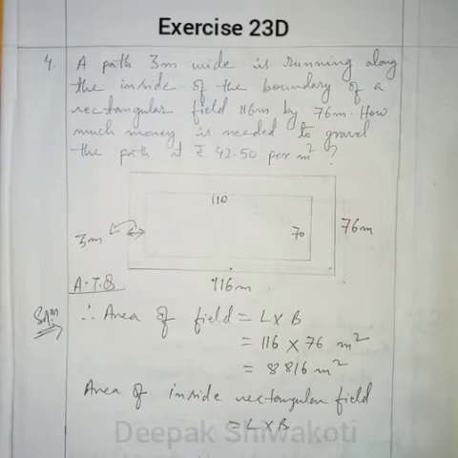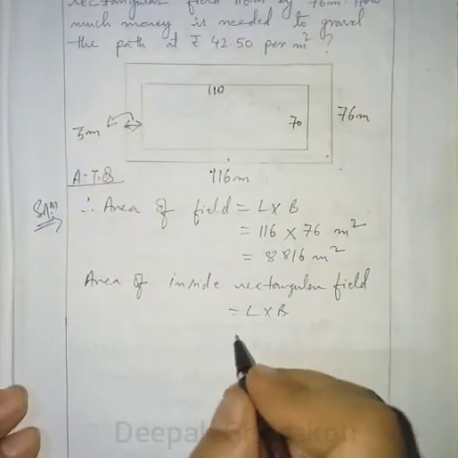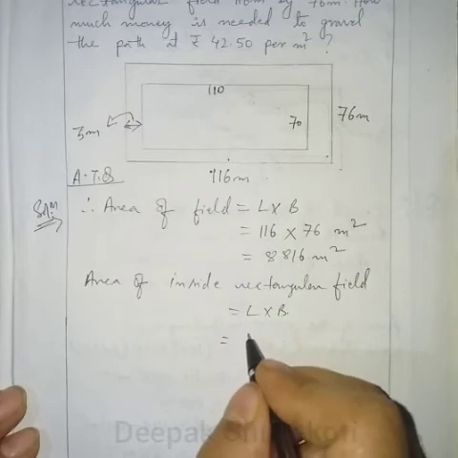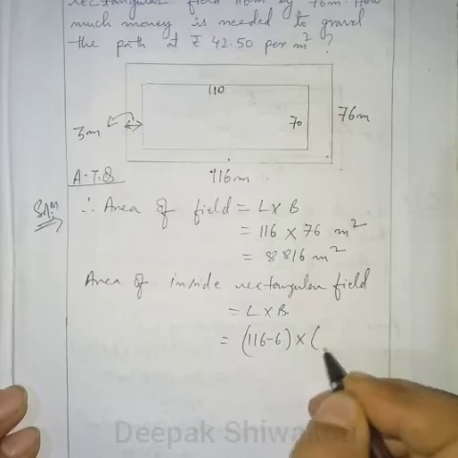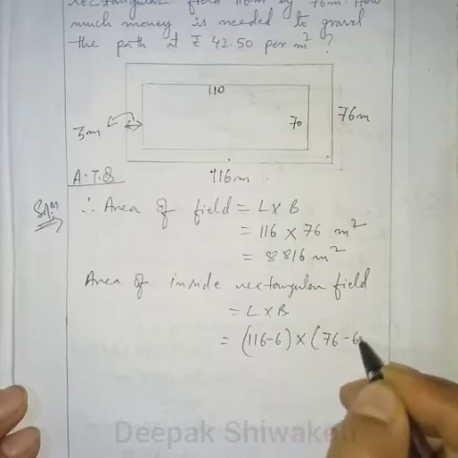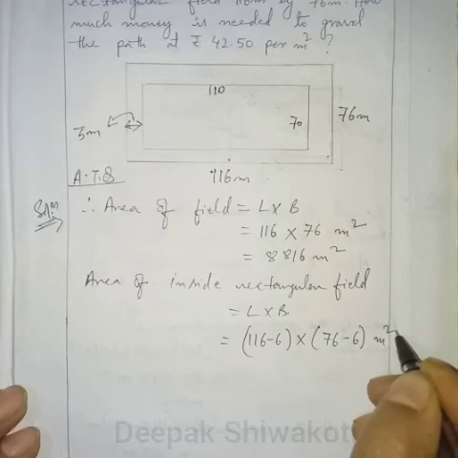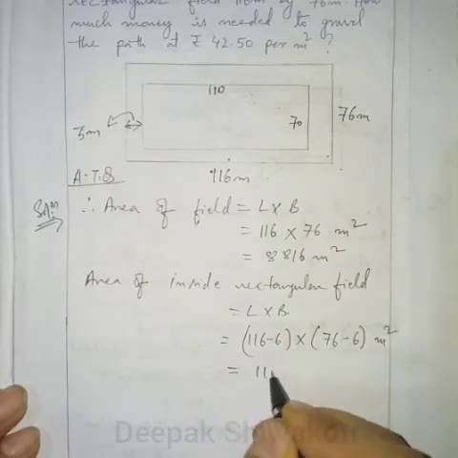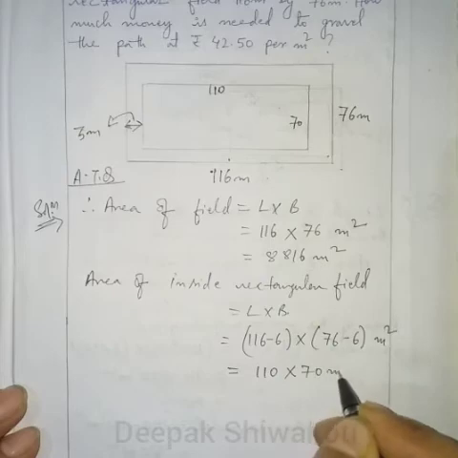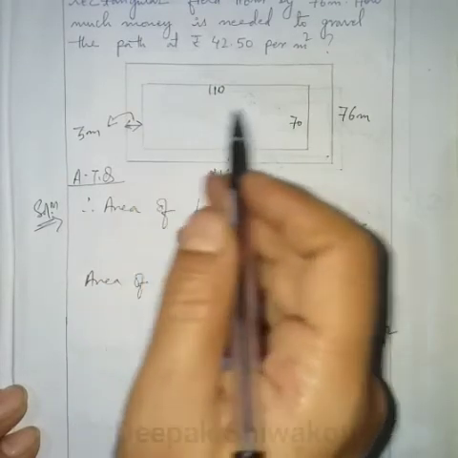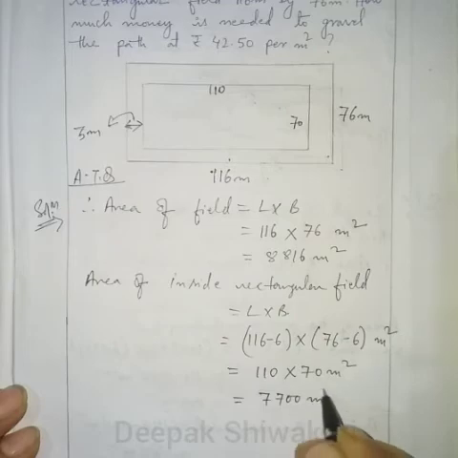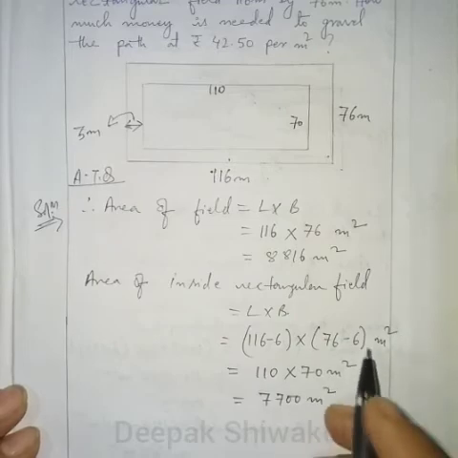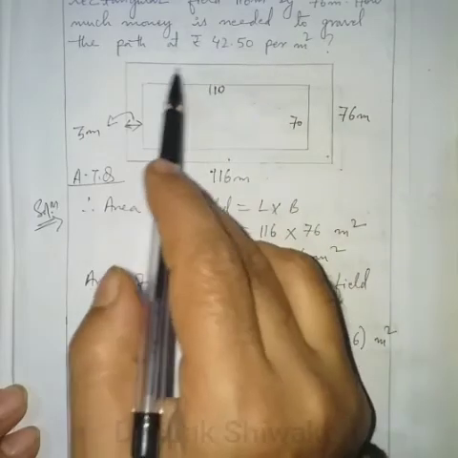Here you can see length is decreased and breadth also decreased: length is 116 minus 6, and breadth is 76 minus 6. So here it is 110 into 70 meter square. The area of this is 110 into 70, that is 7700 meter square.